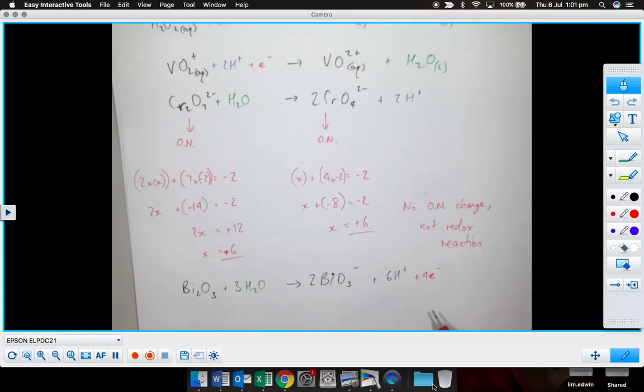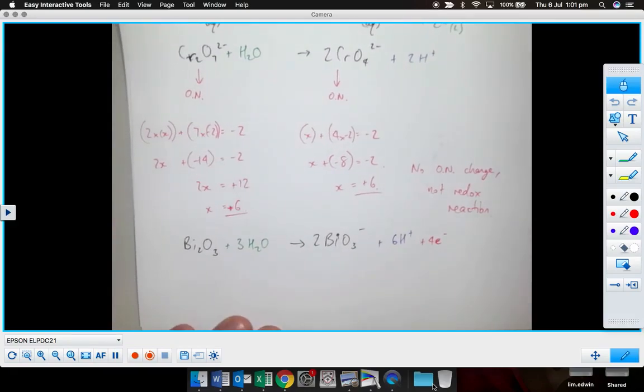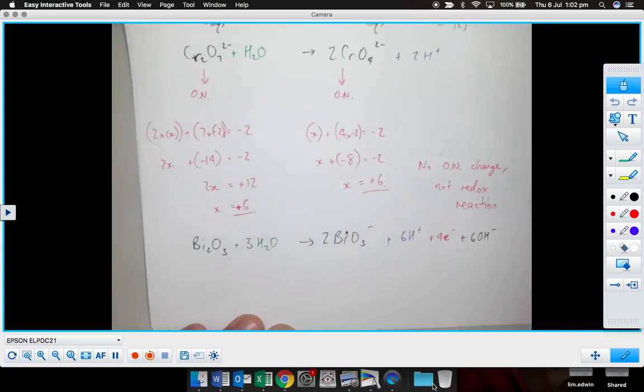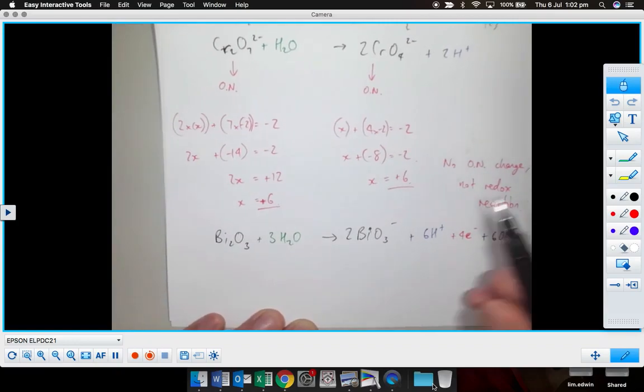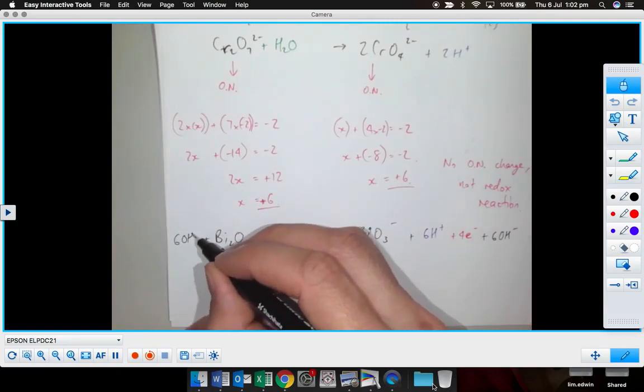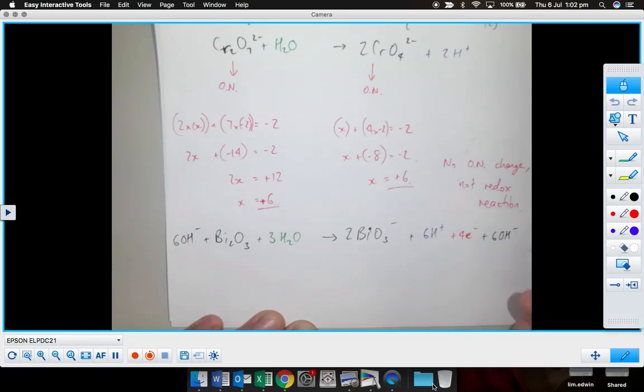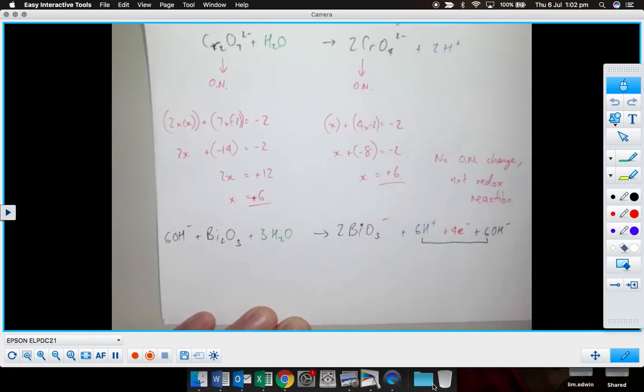Now we've got to do this in alkaline conditions. So we've got to add in hydroxide ions to neutralize the H+ ions here. If I've got 6 H+ ions here, I'm going to need to add 6 OH- ions. And because we're doing this as a balanced equation, I need to put the 6 hydroxide ions over here as well. Now these 6 here and these 6 here are going to form 6 waters.